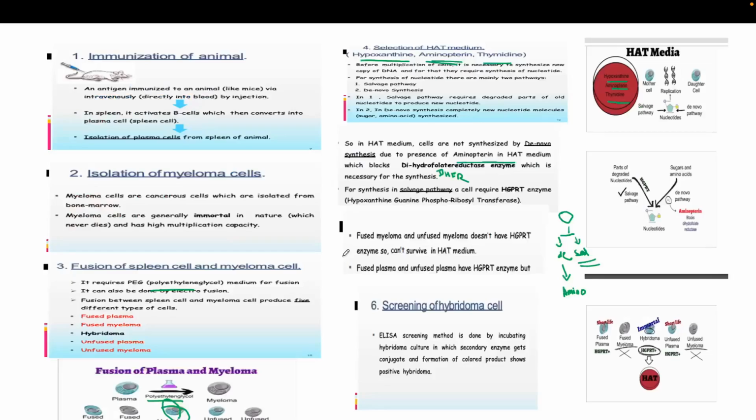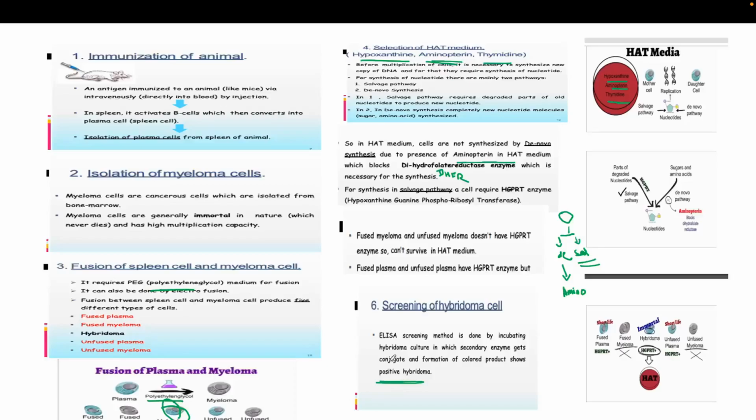Okay, so once this selection process is done, now we have to screen the hybridoma cells for desired antibody production. Okay, so the ELISA screening method is done by incubating the hybridoma culture, in which a secondary enzyme gets conjugated, and formation of the colored product shows the positive hybridoma.